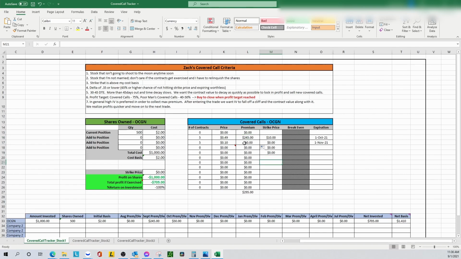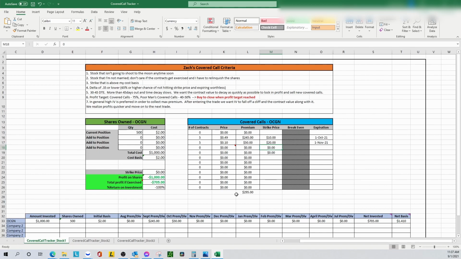And so our total that we collect for November expiration is much less than the previous month because we chose a much higher strike price. We're gonna say that's 20 bucks, right? So we chose a much higher strike and we're collecting a lot less for that, but that's okay.